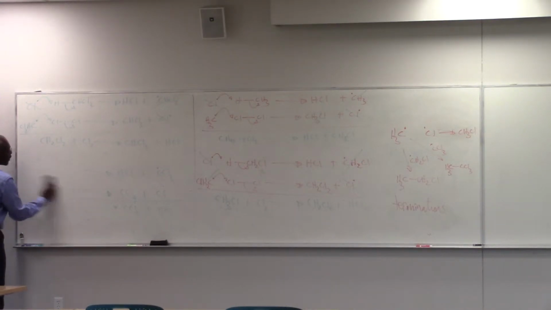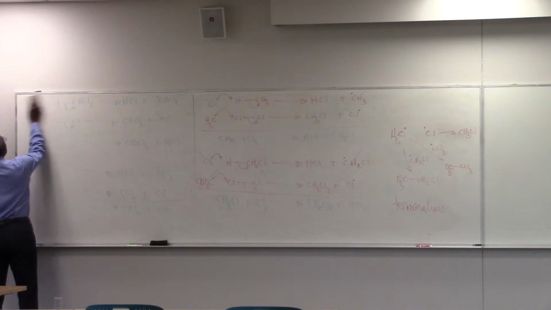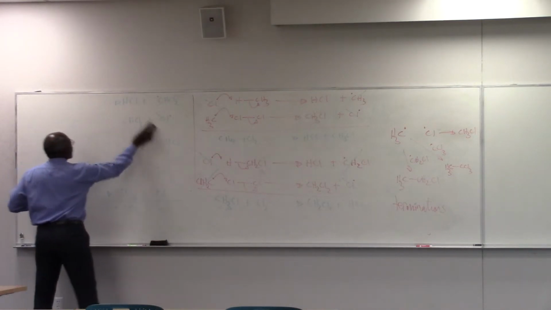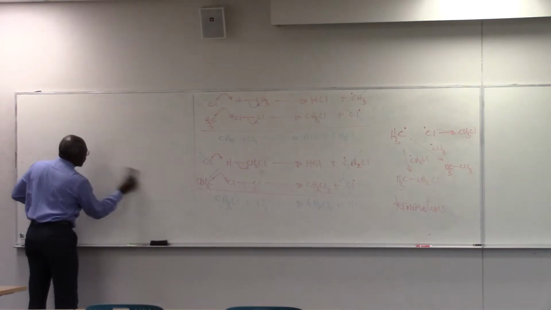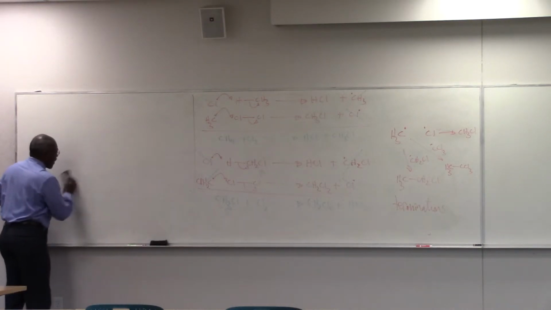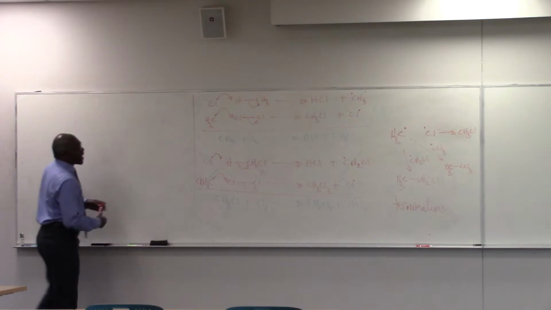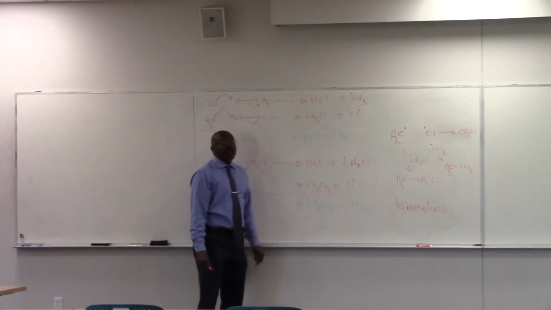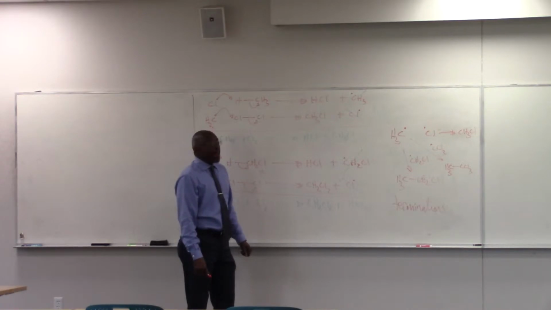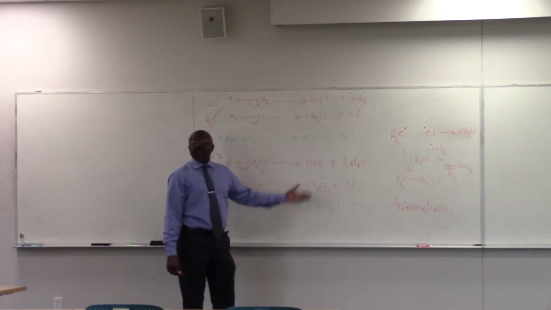I'm going to make 2 quick points here before we move on. For a couple minutes. And the 2 points I'll make are that if, for example, you were in charge of a lab and the lab says, I want to make dichloromethane. How would you make it?